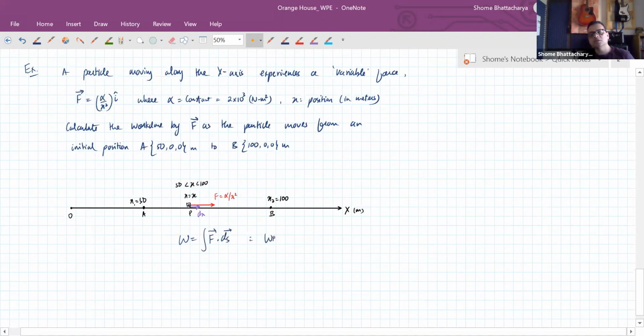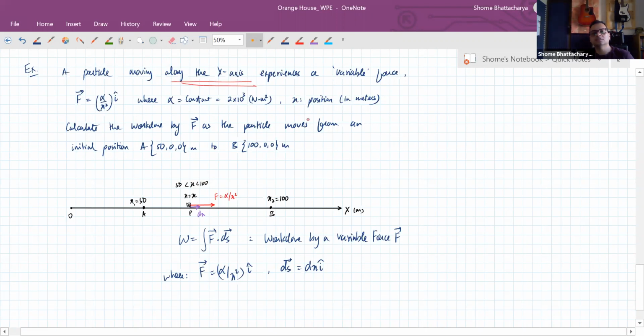Okay, this is work done by a variable force F, but in this we will substitute F as alpha by x square I cap in vector form, and the differential displacement, as you can see in the diagram, is having only one component, only the x component, because it's given to us that the body is moving along the x-axis. So using that, we can see that the displacement is like this. So F dot ds will become a very simple thing here actually.